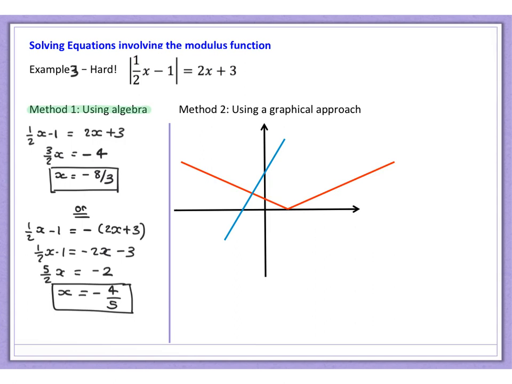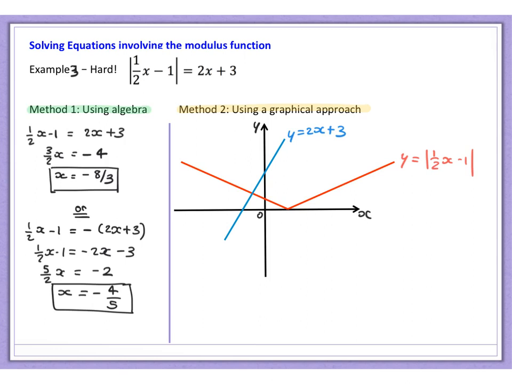Now, let's have a look at the second approach here, the graphical method. We have our axes set up with the graphs of y equals mod a half x take 1 in red, and the straight line y equals 2x plus 3.